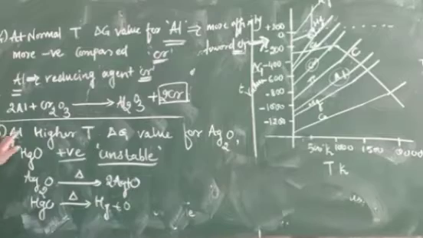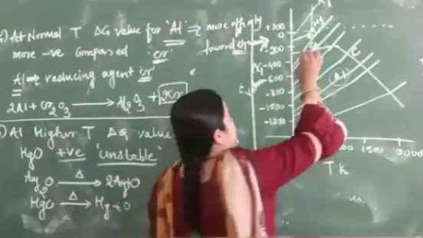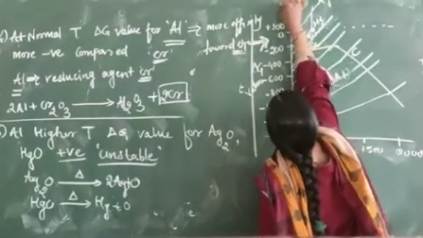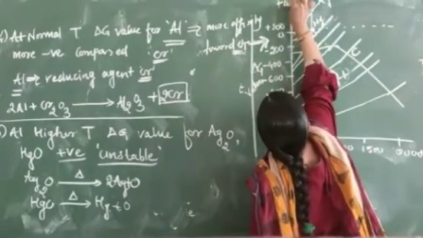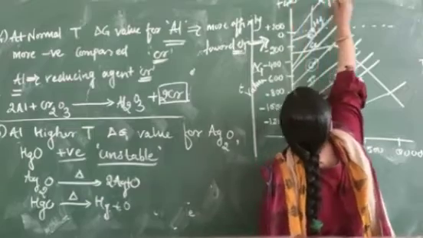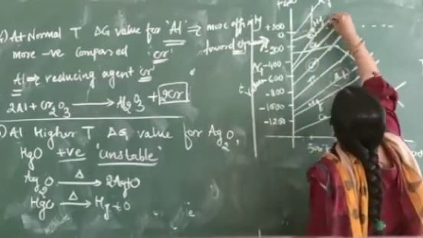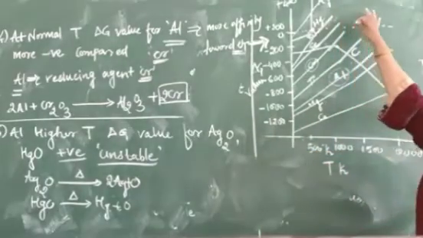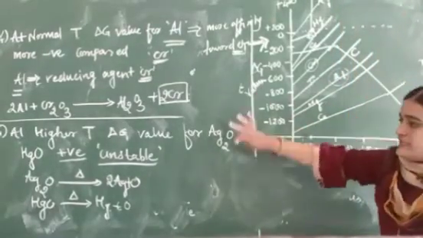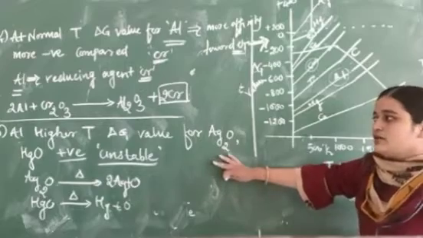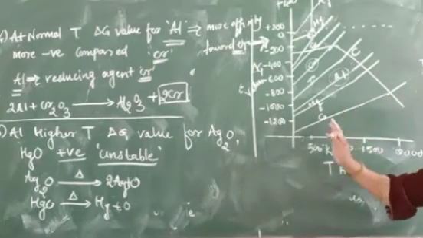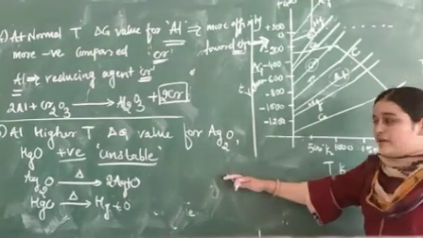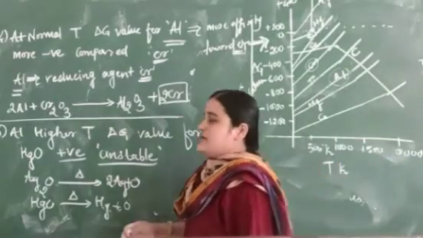At a higher temperature, the delta G values for Ag2O and HgO, please note, move upward, and as we know, delta G is positive in that region. So if they move in the upward direction, the delta G values for Hg and Ag become positive in nature. And as I have already told, as the delta G values become positive, metal oxides become unstable and they can be thermally decomposed.